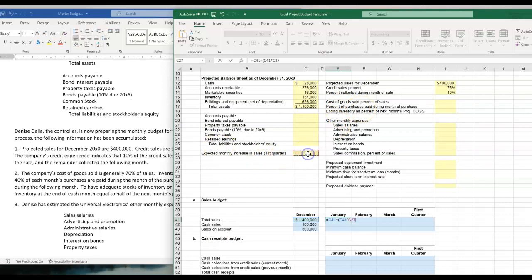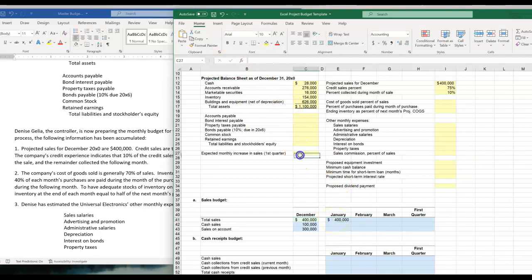I'm going to put that there. And I'm going to make that an absolute reference so that I can copy the formula. And if you hold down the function key F4, I get $C$27, and I can close it. All right. Check it off.